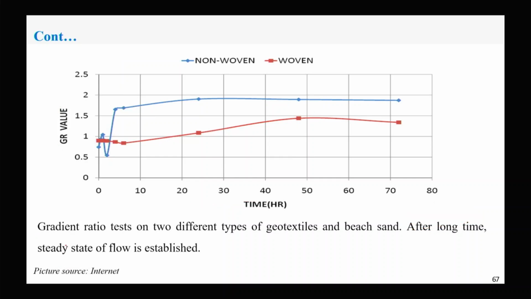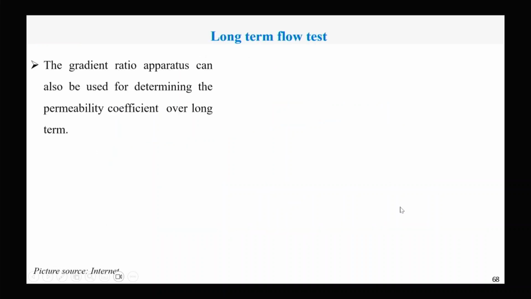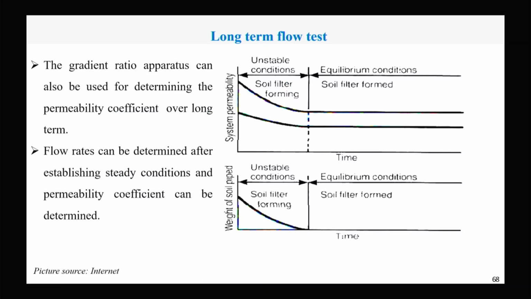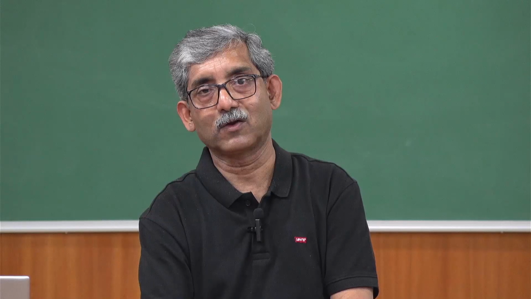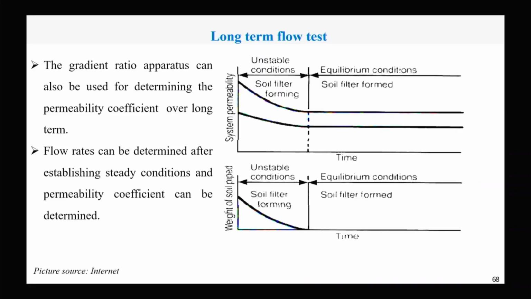So gradient ratio test on two different types of material is shown here, on beach sand. You can see the gradient ratio apparatus can also be used to determine the permeability coefficient over a long time. So after this we can predict how the permeability of the structure will be after a long time.